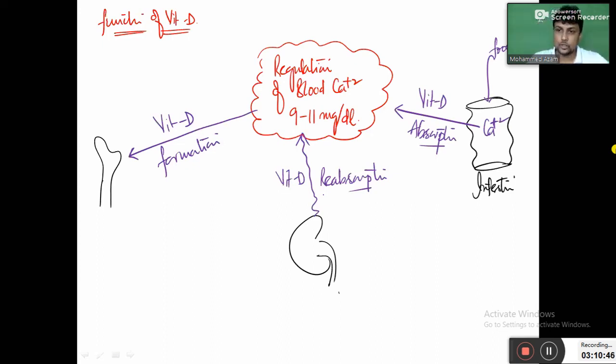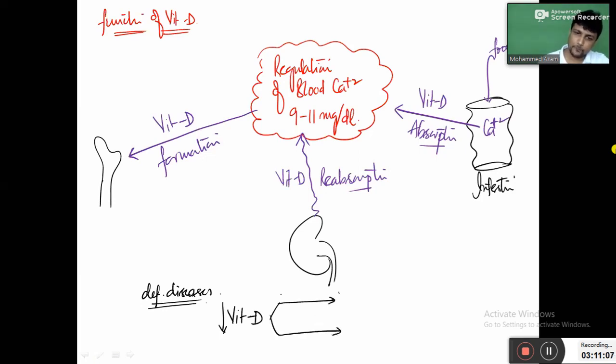Okay, children, come on. Once you are done with the functions of vitamin D, just write down the deficiency diseases. If there is a deficiency of vitamin D, what will happen?